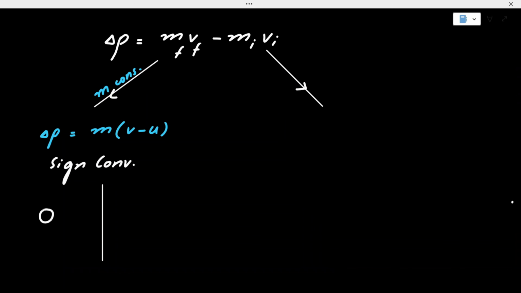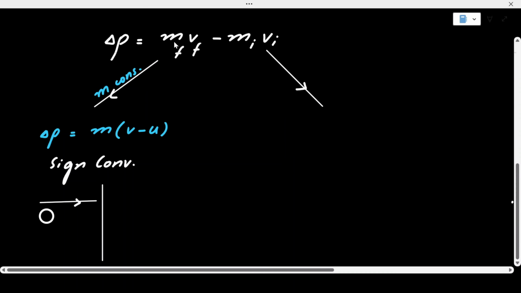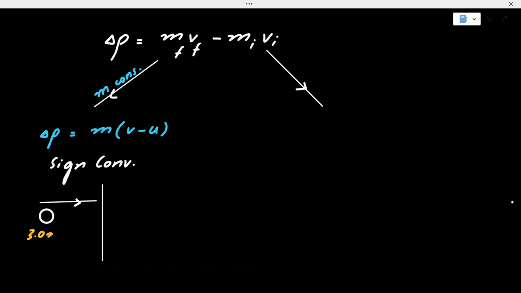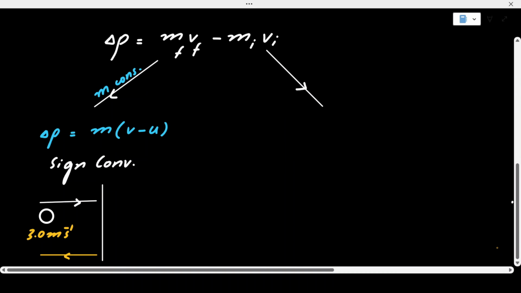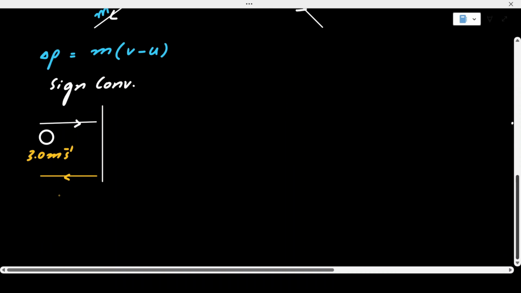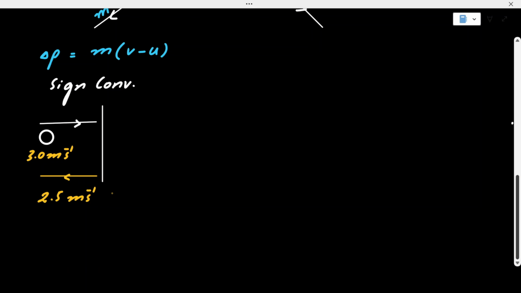So let's say a tennis ball strikes the wall, and the initial velocity is 3.0 meter per second. Then it says in the question that after the rebound it moves with the speed of 2.5 meter per second.